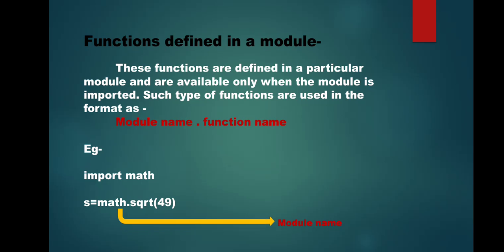This sqrt function is also taking a value as a parameter, and that value is 49. The sqrt function is also returning a value which is stored in the variable s. So when we use a function that is a part of any module, we have to first import that module and then use the function name along with the module name separated by the dot operator.